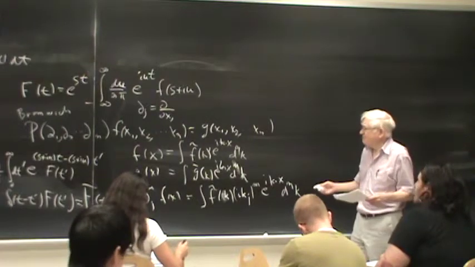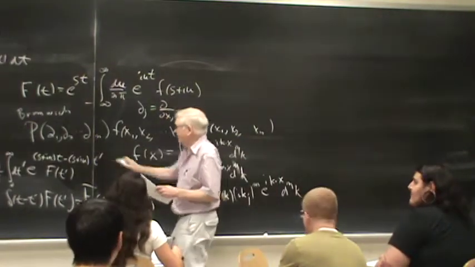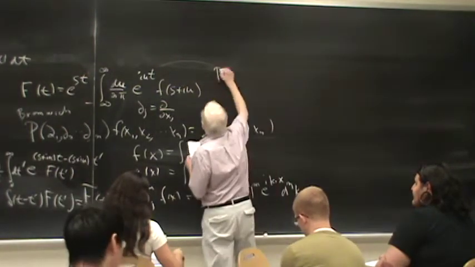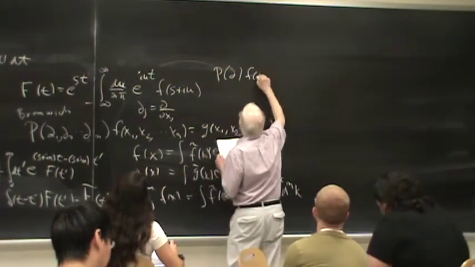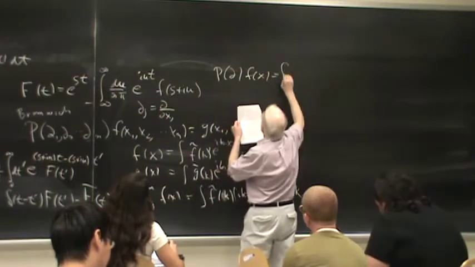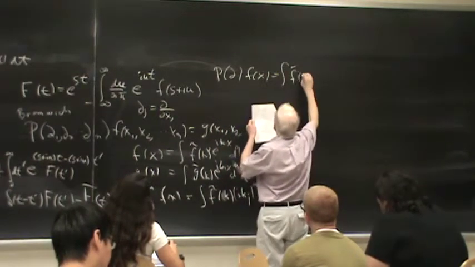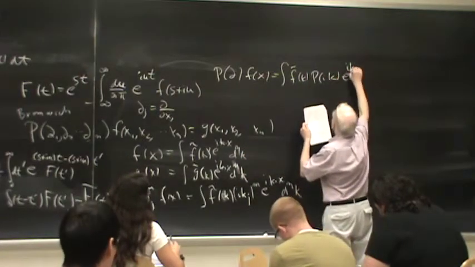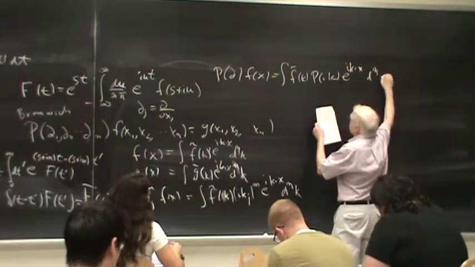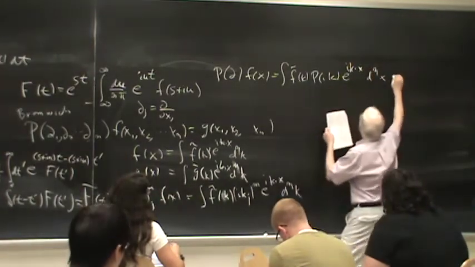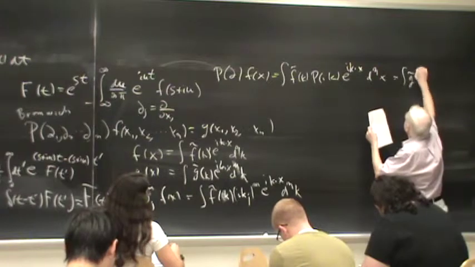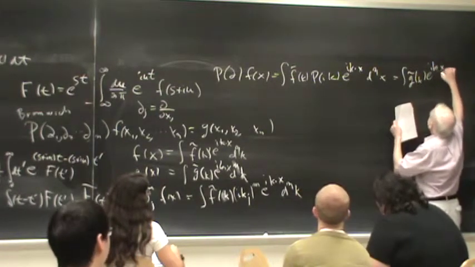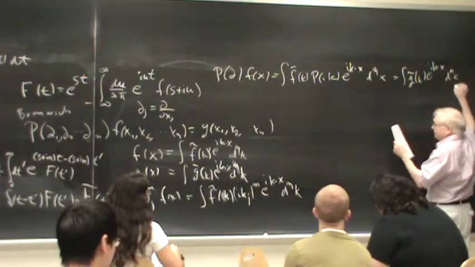So when we apply this differential operator with constant coefficients to f, what we get is p of the derivatives on f of x, which is the integral of f tilde of k, p of ik, e^{ik·x} d^n k, and we want that to be the integral of g tilde of k, e^{ik·x} d^n k.